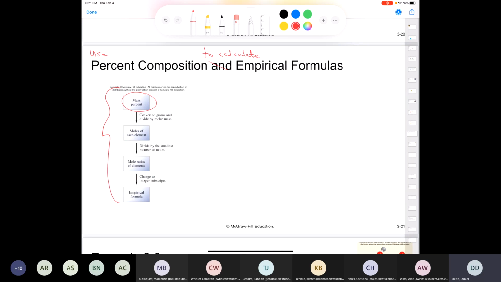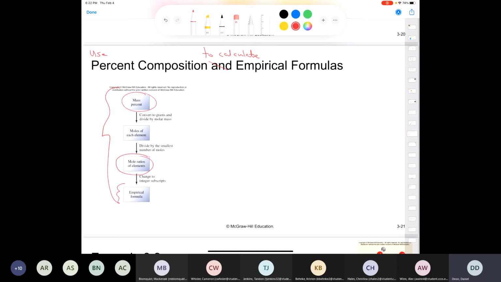Now, if we take that mass percent and convert it into a mass, and we assume that that's the amount of mass in 100 grams of substance, we can figure out the number of moles, right? Then if we compare the number of moles of each element in a compound, we should be able to come up with a simple whole number ratio of those elements. And from that, we can determine an empirical formula.